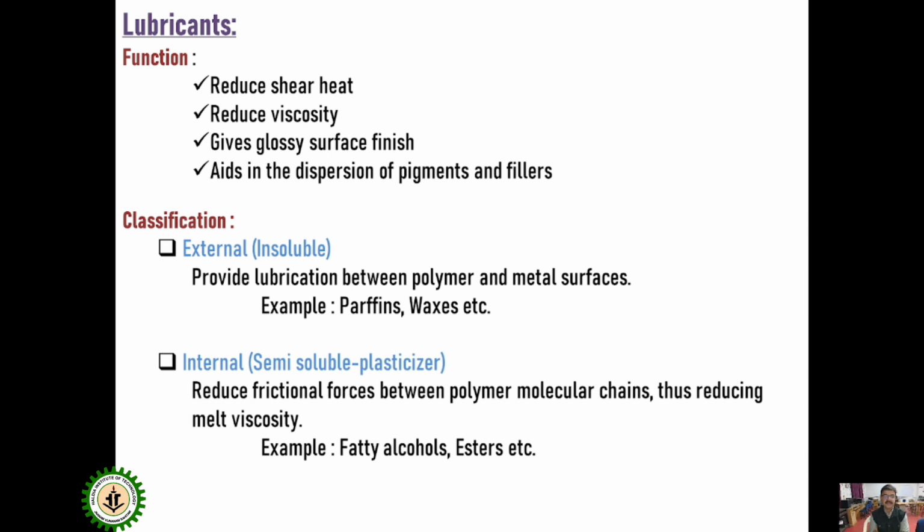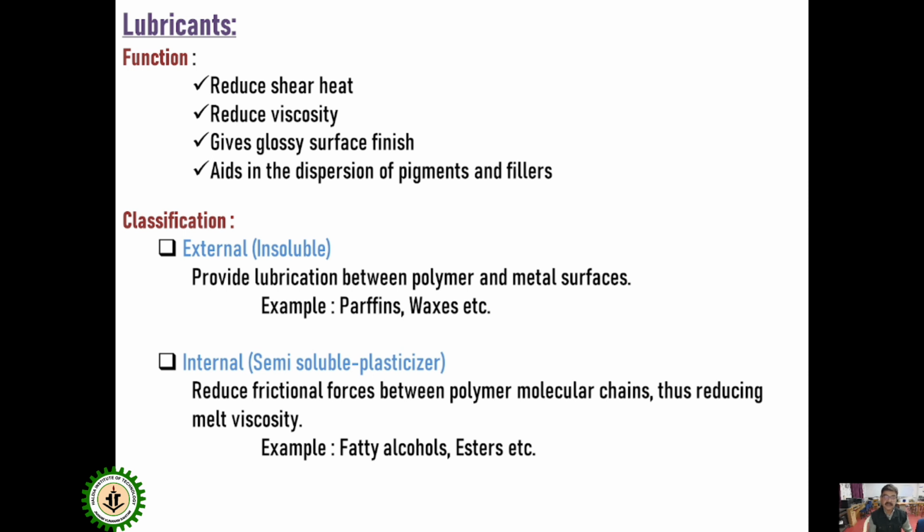Generally, a classification of lubricants can be made. One is external lubricants, which provide lubrication between the polymer and the metal surface, like paraffins and waxes. These are externally applied, and that's why they are external lubricants. And internal lubricants, which are semi-soluble plasticizers, actually reduce frictional forces between polymer molecular chains, thus reducing melt viscosity.